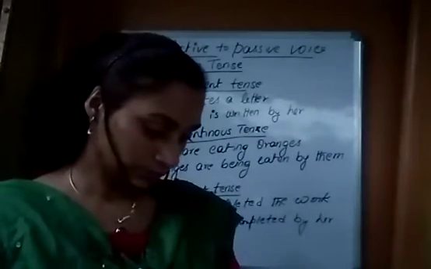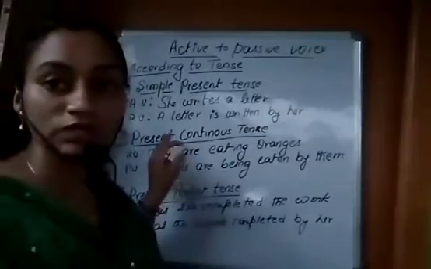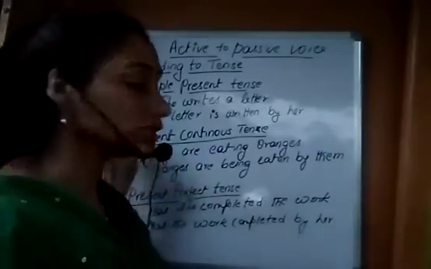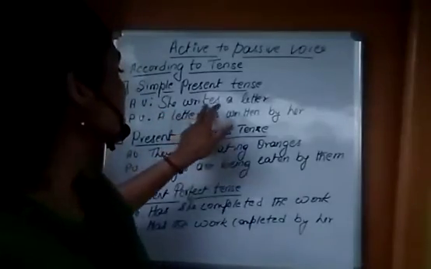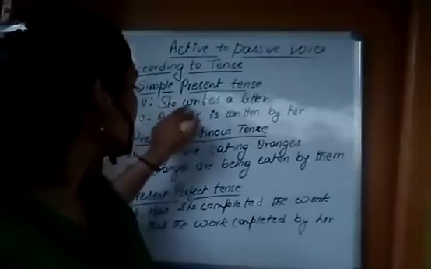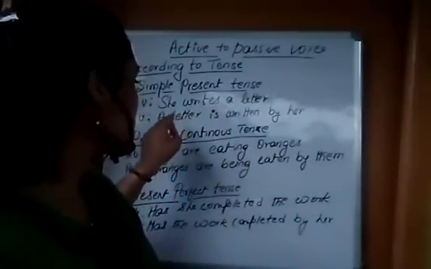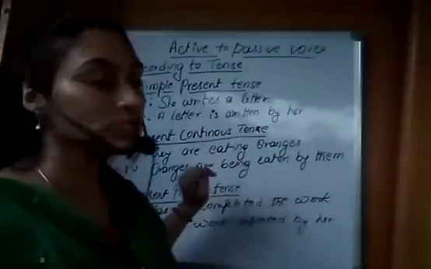Now, here I have given this example. Just look into the notes you have written about this. She writes a letter. Tell me which is the subject, which is the object, and which is the verb.